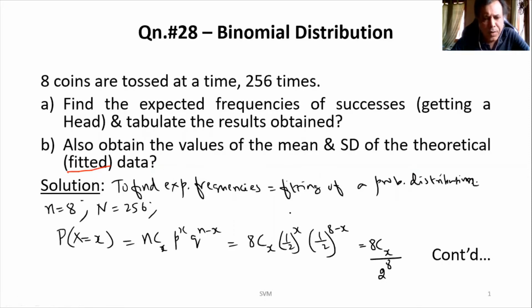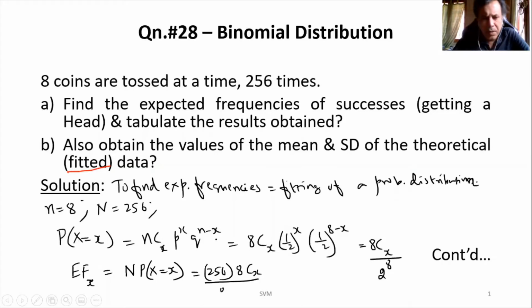Now what do we mean by expected frequency? I will write it as EF. EF for a particular value x is calculated as the total frequency, which is capital N, multiplied by its corresponding probability. The total frequency is 256, and the probability we already calculated is 8Cx divided by 2 to the power of 8.